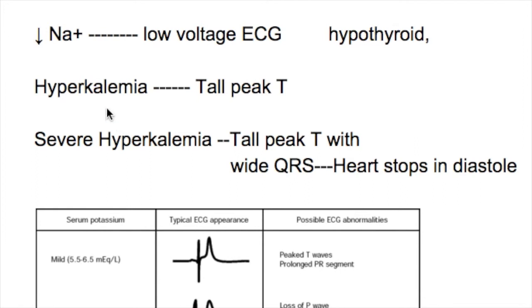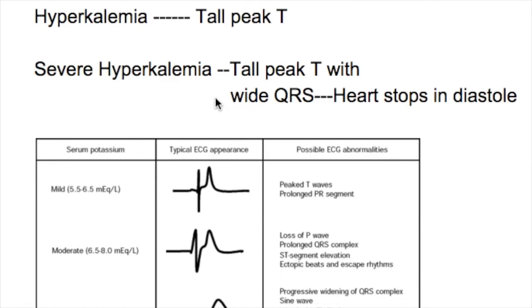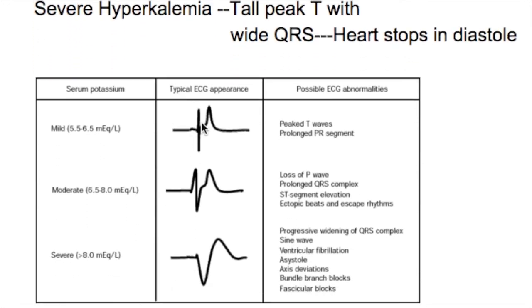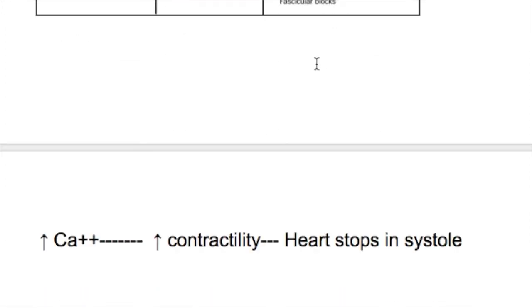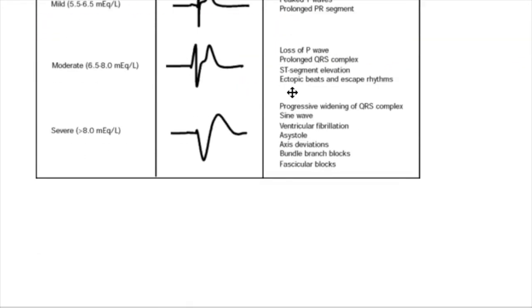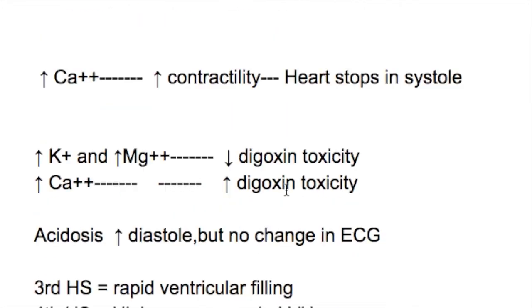Hyperkalemia produces tall peaked T waves, but in severe hyperkalemia there are tall peaked T waves with wide QRS complexes. And in hyperkalemia, the heart stops in diastole, whereas hypokalemia gives a flat T wave or a U wave.